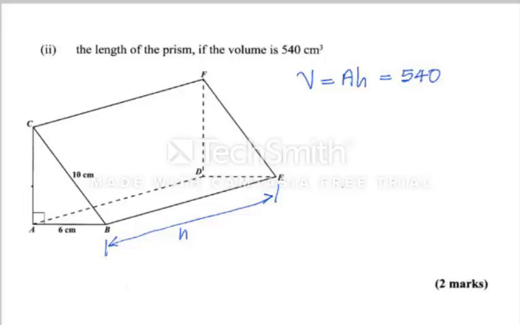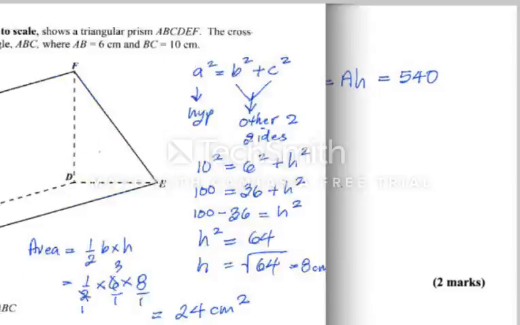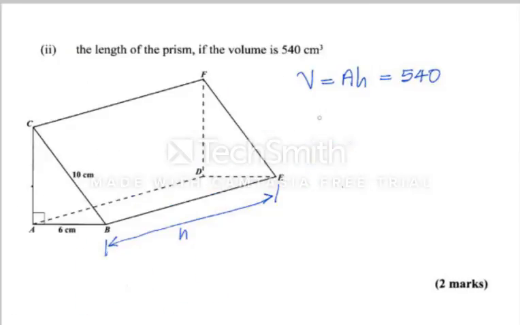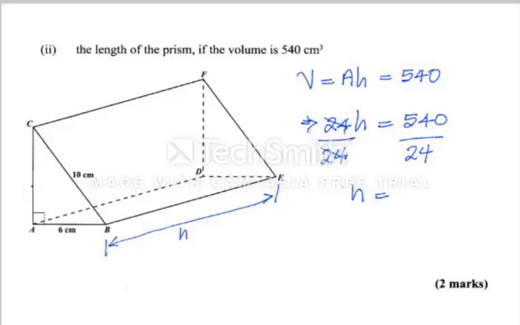Where A is the area of the uniform cross section and H is the height or the length of the prism. Now, we already calculated the area in the previous section. The area is 24 centimeters squared. Therefore, the area, which is 24, times the height is equal to 540. If we divide both sides by 24, we're going to get the height to be equal to 540 divided by 24.